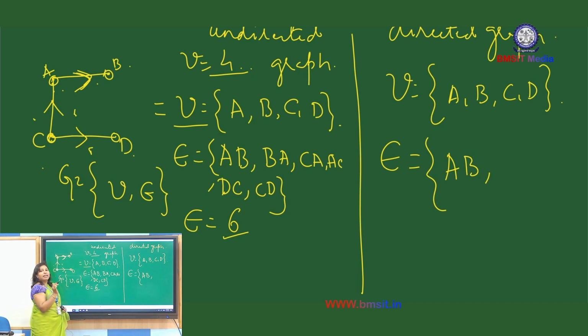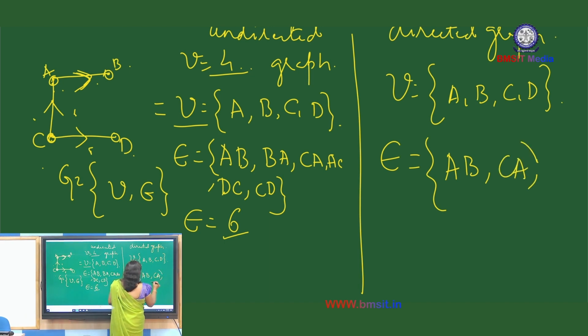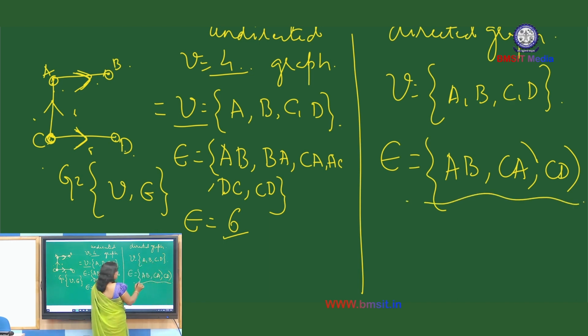So I can have only an edge from C to A. The next arrow mark is representing from C to D. So it is moving from C vertex to D vertex, and I can say it as C to D. So how many edges are represented in this directed graph?